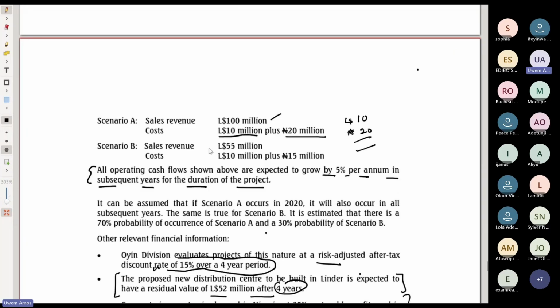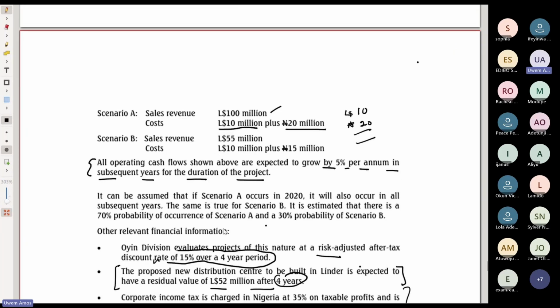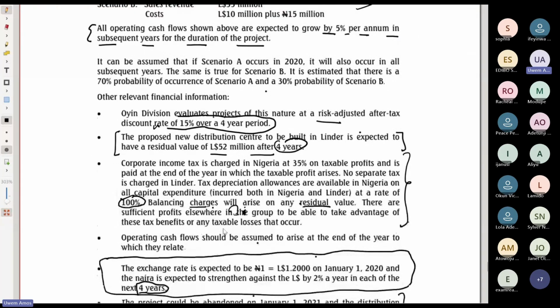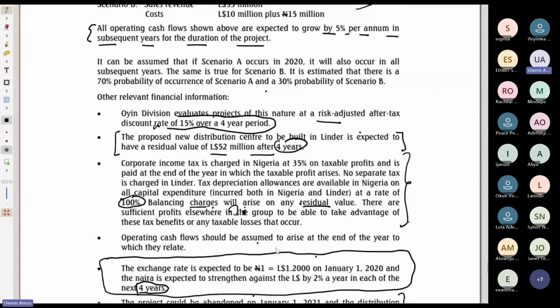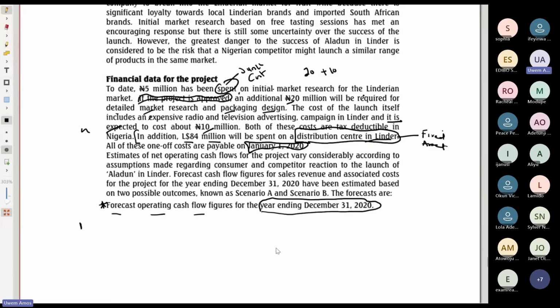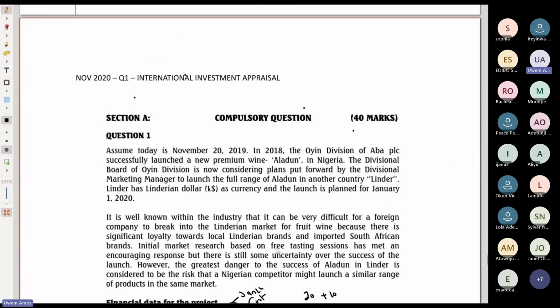This is where we have scenario B as being different. This is the same thing. This is probability, expected value. We're going to come to that. Nothing here is specific to scenario B. So the only thing that changes is the revenue and the cost. Every other thing is the same.